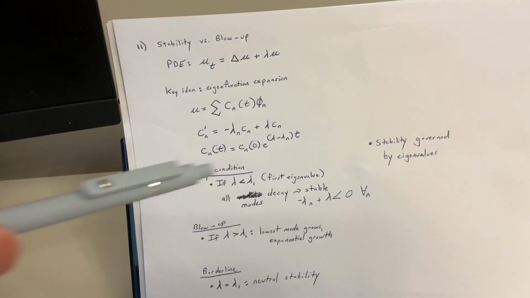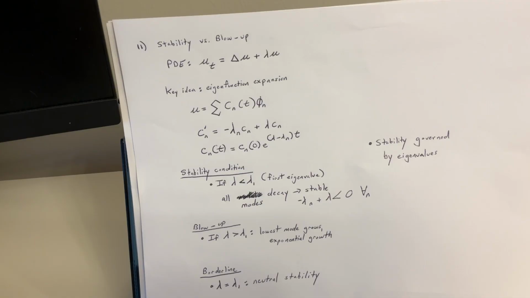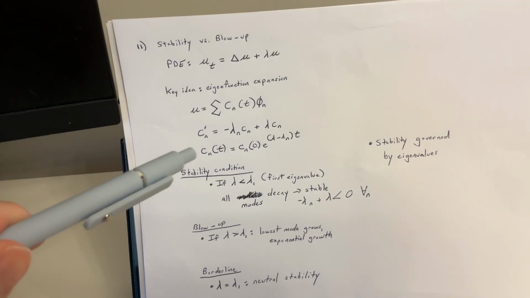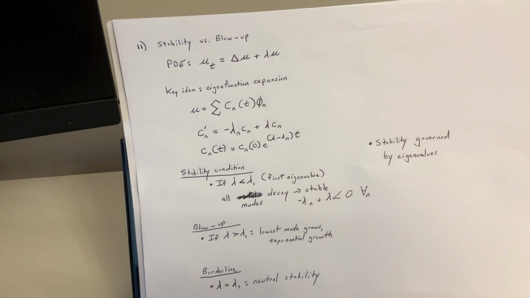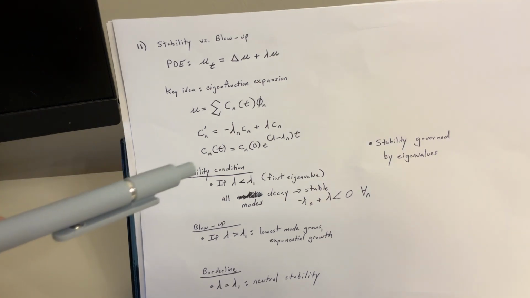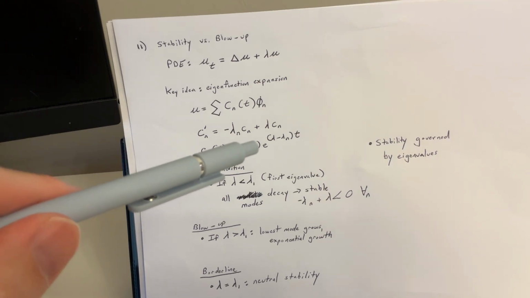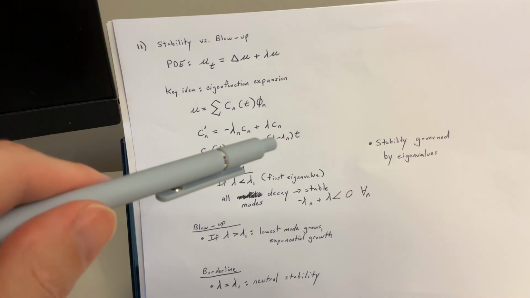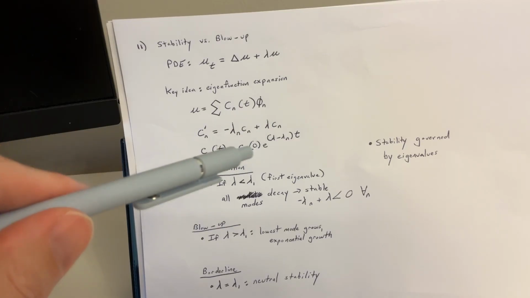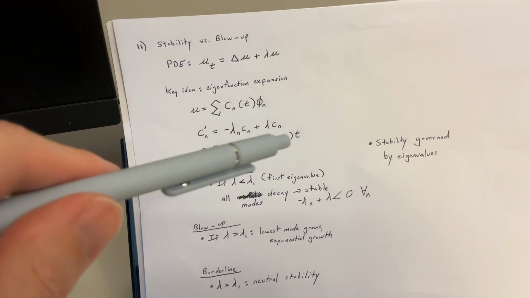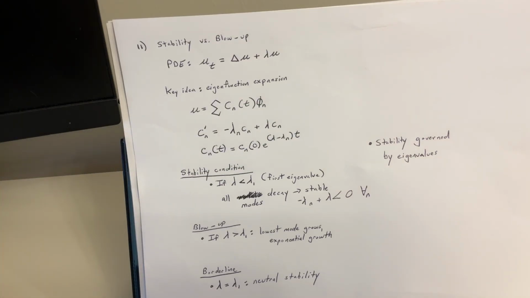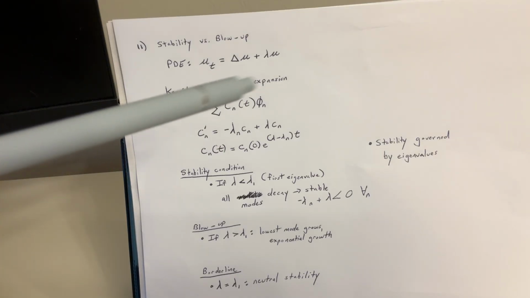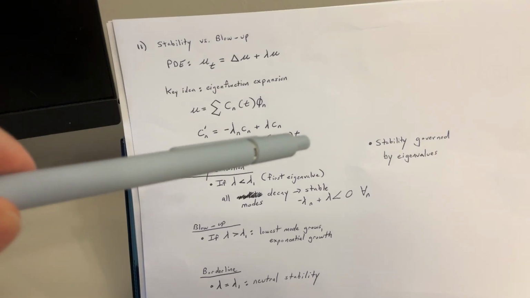Now if we get c sub n of t by itself, c sub n of t is going to equal c sub n of 0, e to the quantity lambda minus lambda sub n times t. Okay? Now, this is just the key idea from the eigenfunction expansion and what this can look like.